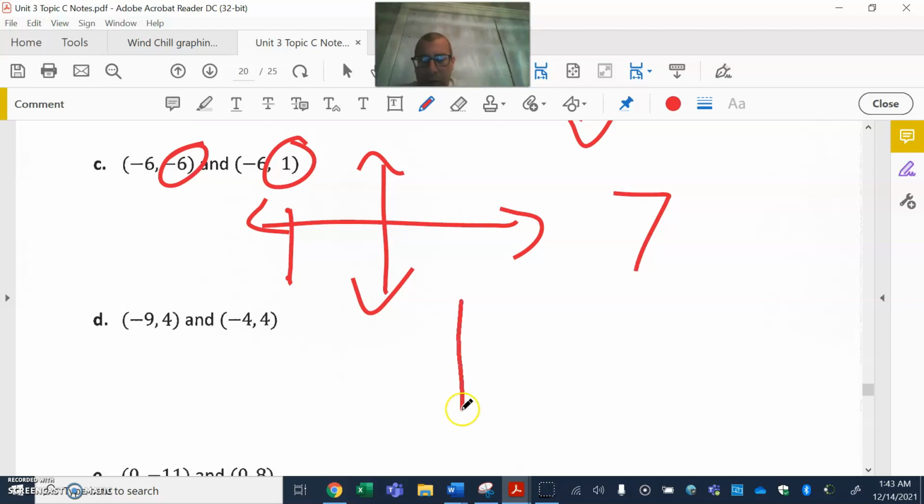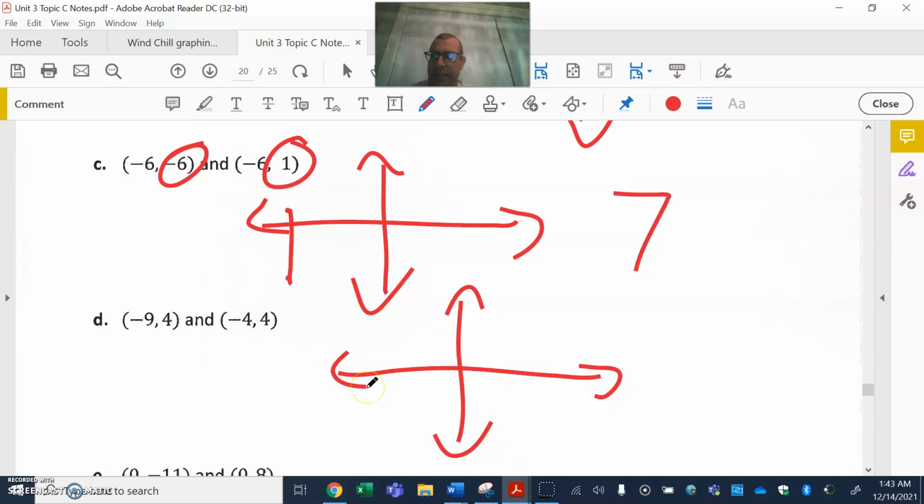All right, let's do one more. Sketch down my XY axis. I've got the ordered pair -9, 4. So I'm going to go to the left to -9, up to 4, somewhere right around there. For the other one, I'm going to go to the left to -4, and I'm going to go up to 4. So it's that same distance I'm moving up.